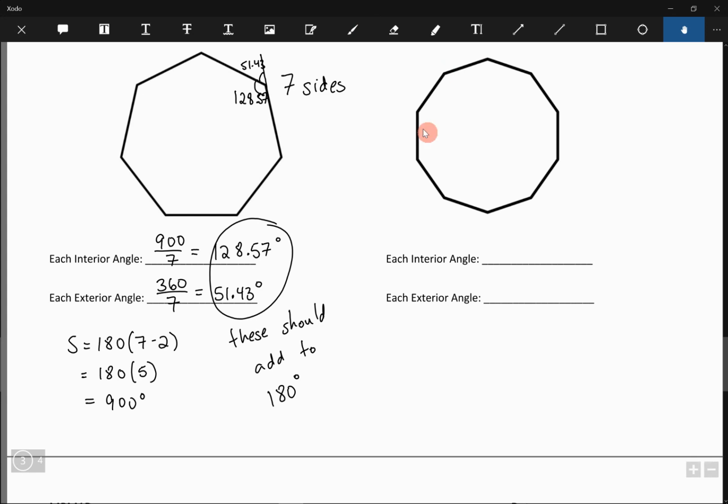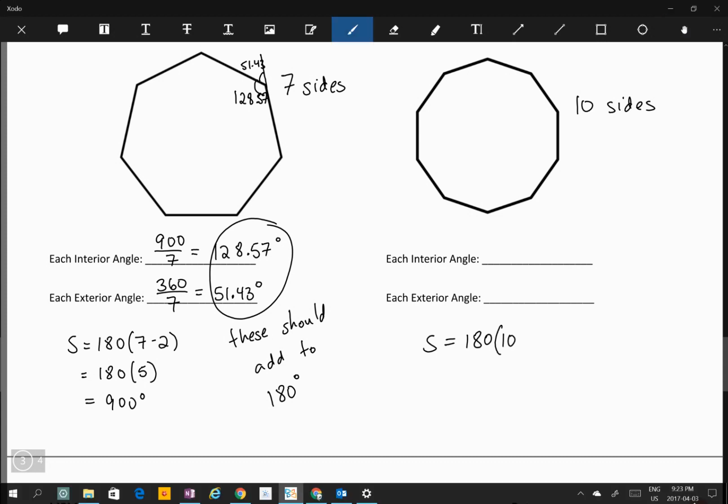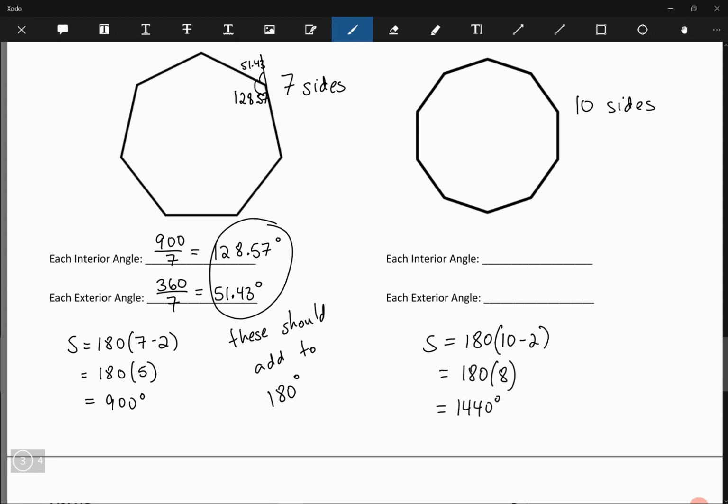Okay, so here's another regular polygon, 10 sides this time. For a polygon with 10 sides, the sum of the interior angles is 180 times 10 minus 2, which is 180 times 8, which is equal to 1440 degrees.